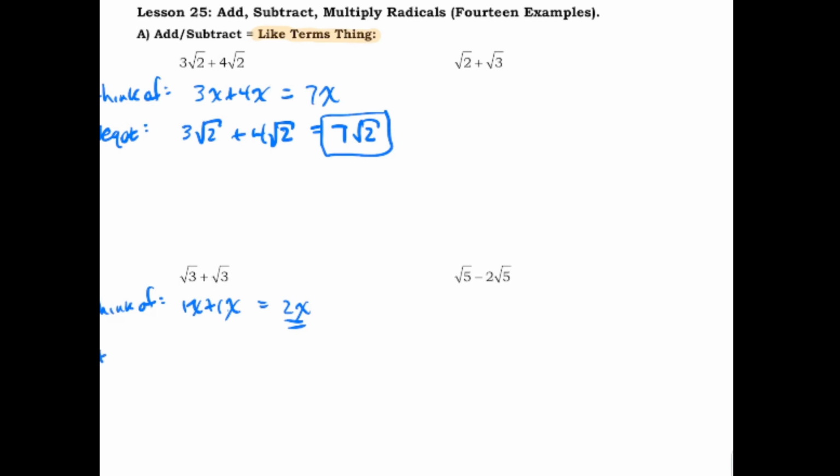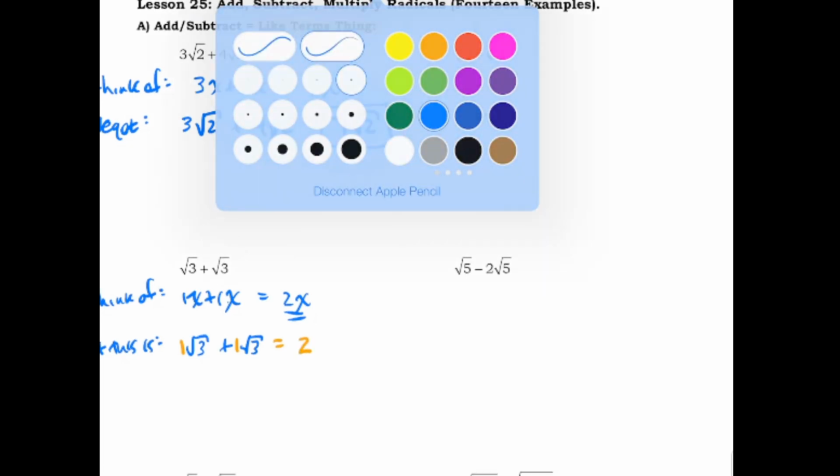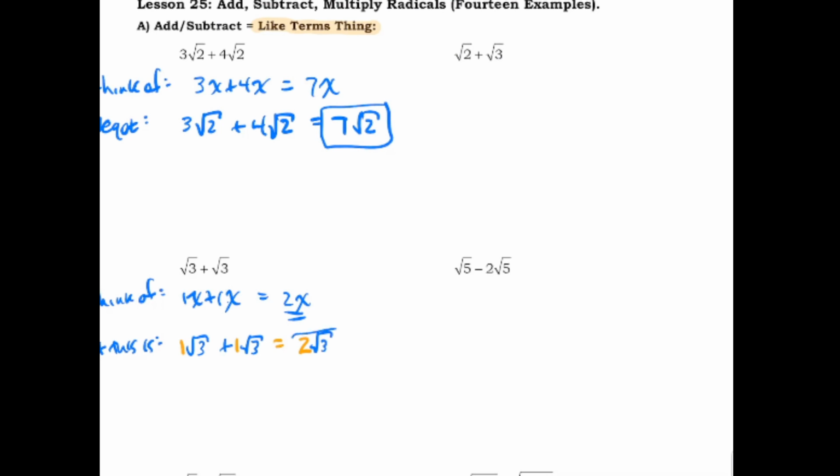So that's what you're thinking of. But this is different, of course. This is not an x, it's a root 3. But it's the same kind of idea: you've got one of these and you're adding another one to it, and so what you've got is 2 square roots of 3. Just like that. Just like terms.